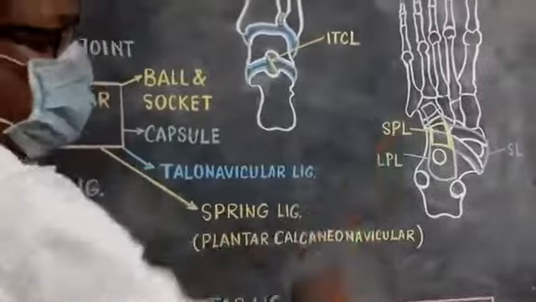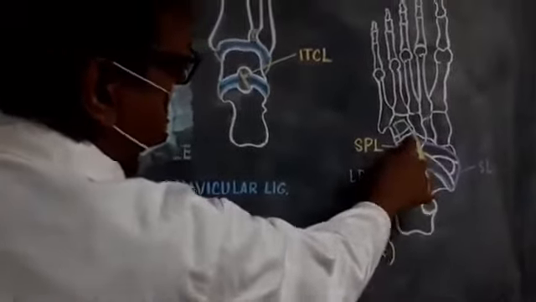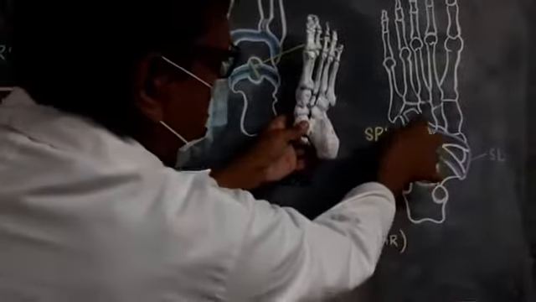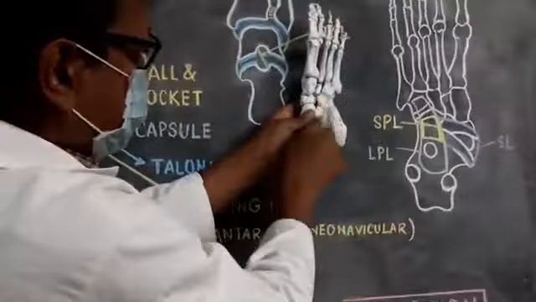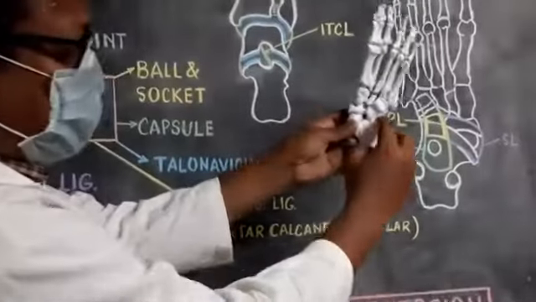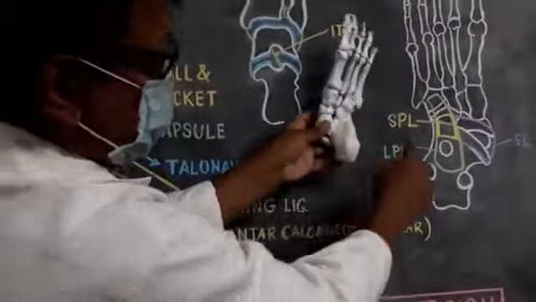The short plantar ligament extends from the plantar aspect of the cuboid bone behind the oblique ridge, and up to the plantar aspect of the calcaneus in front of the anterior tubercle. This is the extent of the short plantar ligament.